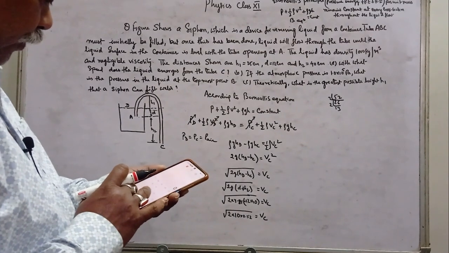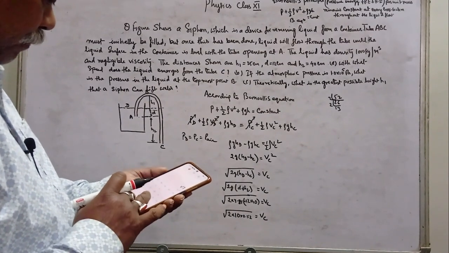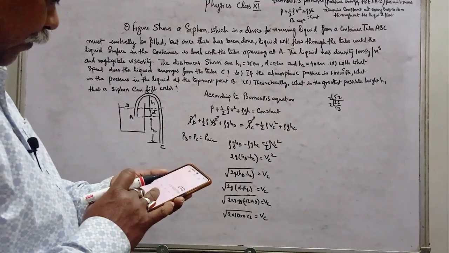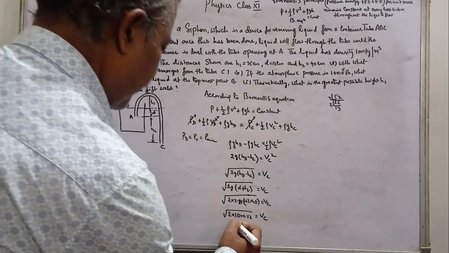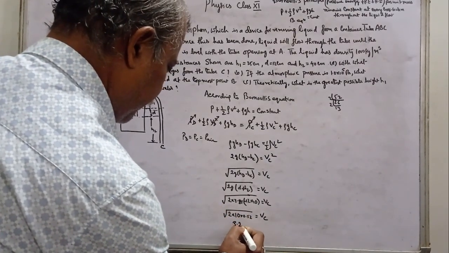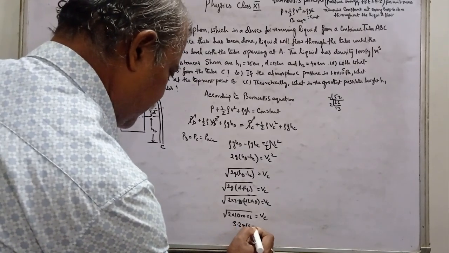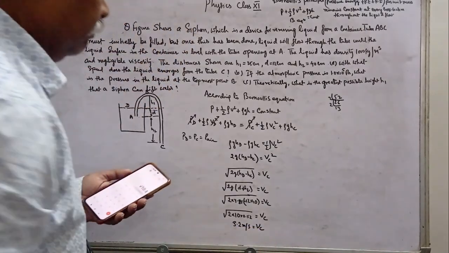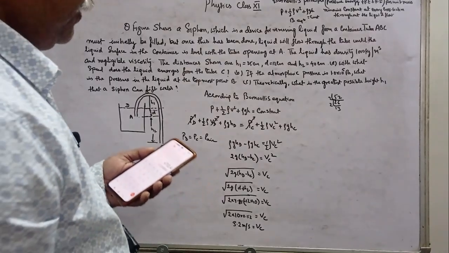So your answer comes out to root of 2 into 10 into 0.52, that is root 10.4, which comes out to be 3.2 meters per second. This is your velocity Vc.